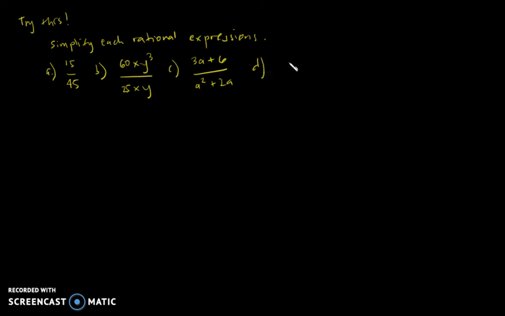For the last letter, you have 2x squared plus 10 all over 2x squared plus 7x plus 5. If you are able to answer all of these correctly, then we can conclude that you did understand part 1 of this video.